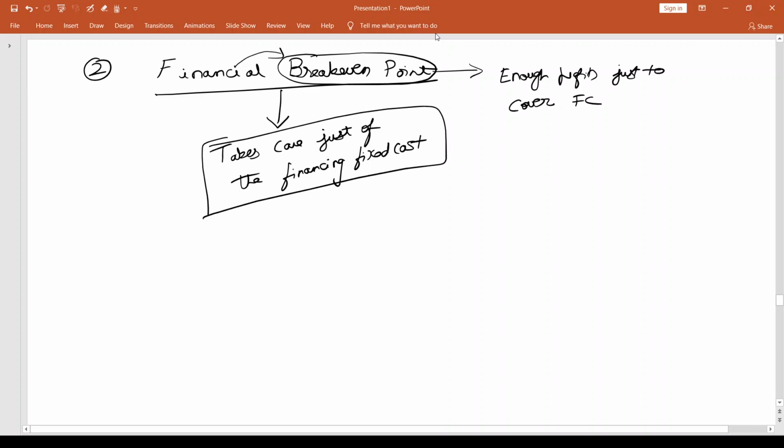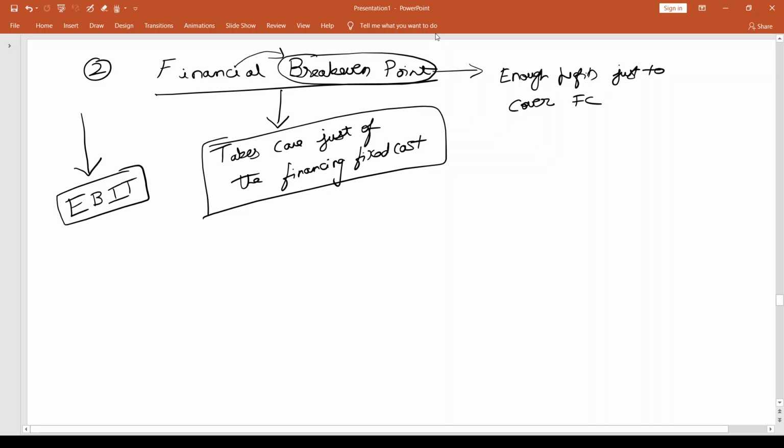Now, what do I mean when I say profits which take care of financing cost? The moment I say that, immediately what should come to our minds is EBIT, because it is only from EBIT that we start addressing the fixed cost. From EBIT we subtract interest, which is a fixed cost, and later we subtract preference dividend, which is also a financing cost.